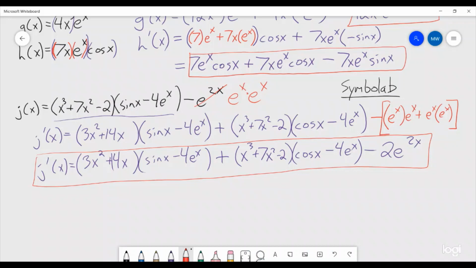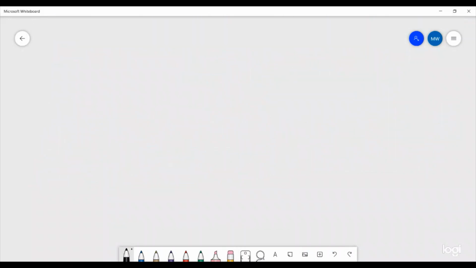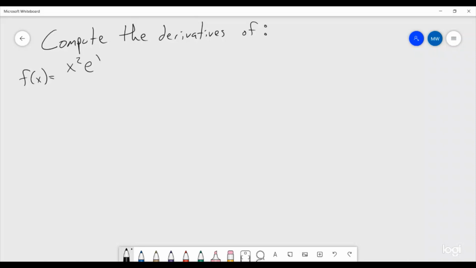Okay, so now that we've done some product rule ones, let's move on to the quotient rule. So if we are trying to compute the following derivatives, let's clear the canvas. So compute the derivatives of, let's see, we got f of x equals x squared e to the x divided by x cubed plus 7x.